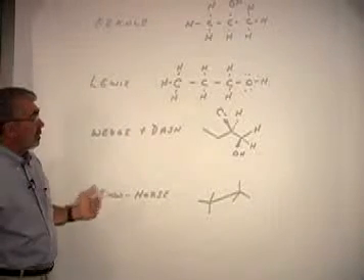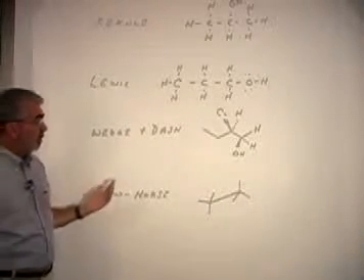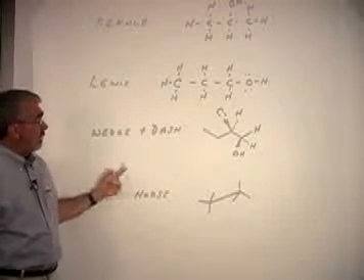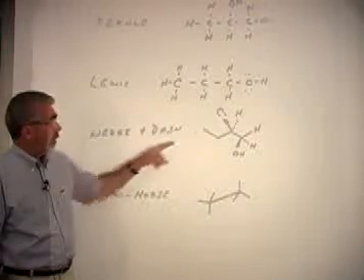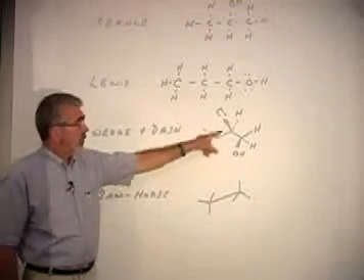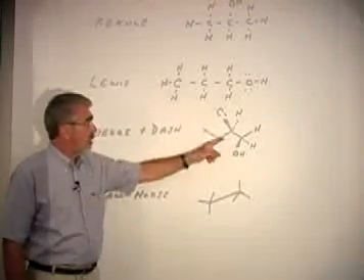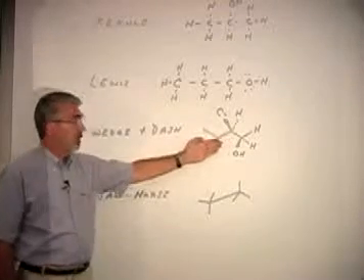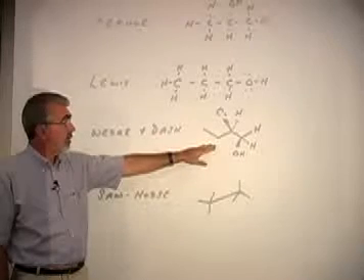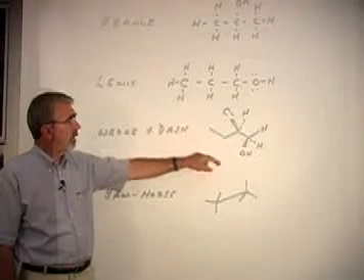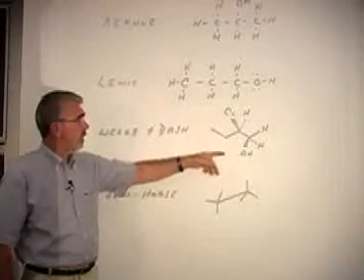So in an attempt to clarify that 3-dimensional structure issue, we have the wedge and dash diagram. With the wedge and dash diagram, we represent bonds in 3 different ways. We've got a plain line, which indicates a bond which lies in the plane of whatever you're writing the structure on, in this case the screen here, or a piece of paper, or the page in the book.